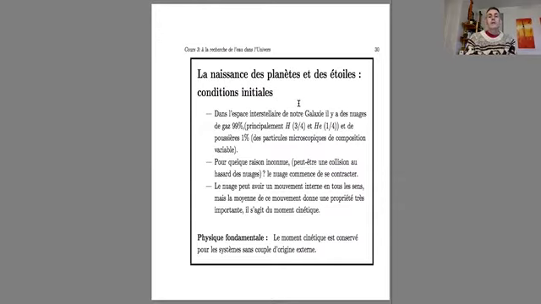And this interstellar space has a medium consisting of gas and dust.